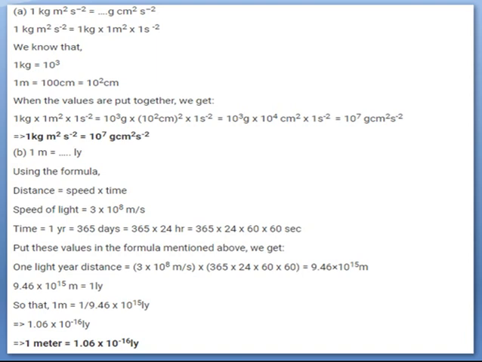You have to convert 1 meter into light year. Children, as you all know that distance is equal to speed into time. Let us assume that the speed of light, that is c, equals 3 into 10 raised to the power of 8 meter per second, times 1 year. 1 year, you know how many days are there? 365 days, normally 365 days.